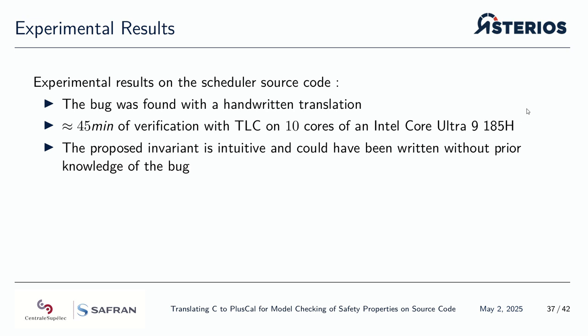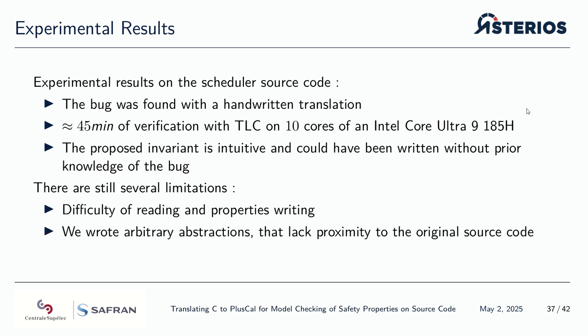And the proposed invariant that we used to find the bug is quite intuitive and could have been written without prior knowledge of the non-bug. So we could imagine a scenario where this PlusCal translated verification could be used directly to write some intuitive invariants on the code and find some bugs that we didn't find by hand before.